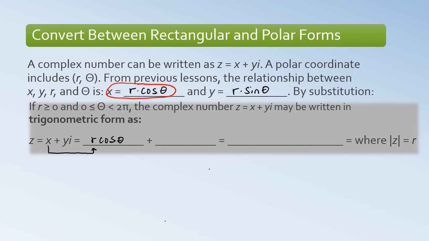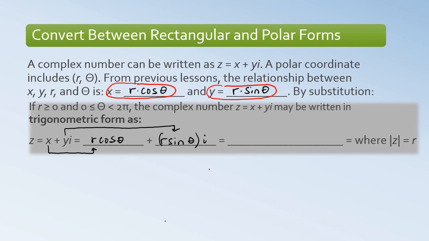And in the place of the y, I'm going to substitute what I said that y is equal to, which is r sine of theta. And I'm going to be careful to keep that i separate from the inside of the sine of theta.